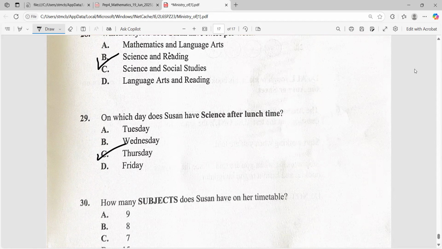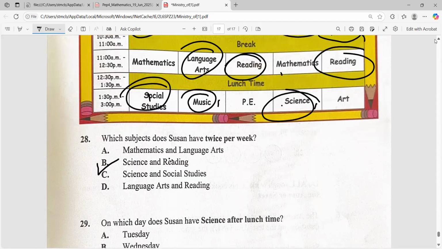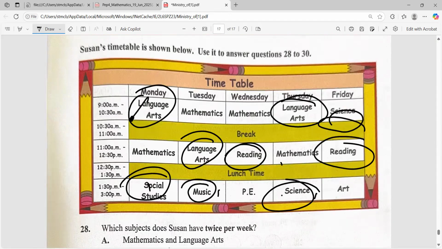Let me count. You have language 1, mathematics 2, music 3, PE 4, reading 5, art makes 6. Did I count science? I'm gonna start over again.